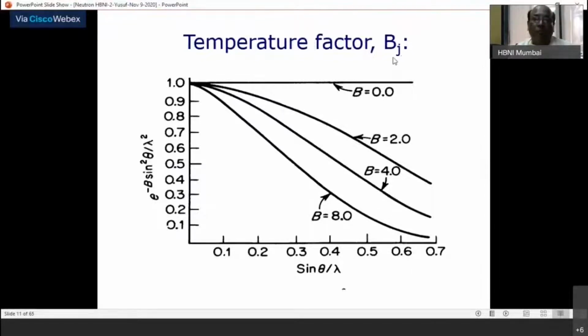But this factor is there for both X-ray as well as neutron, of course. So B would be 0, that means there is no intensity reduction due to this Debye-Waller factor, provided the atoms are frozen, not vibrating with respect to their mean position at all.